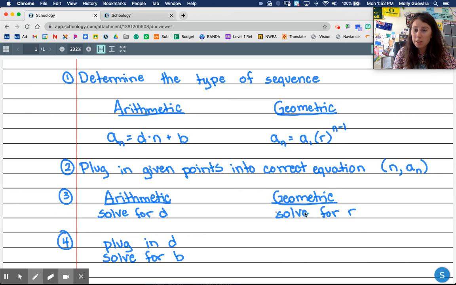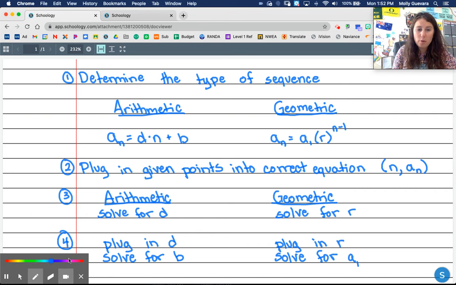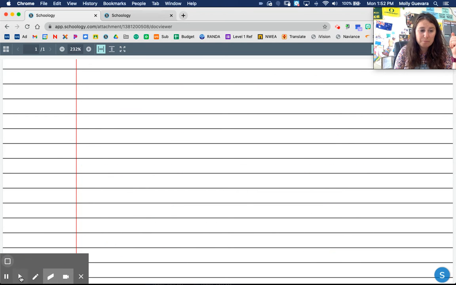If it's geometric, you've solved for r, so you're going to plug in r, and then you'll solve, and you're going to end up getting your a sub 1, your first term of the sequence. Okay, so then at that point, if it's arithmetic, you have d and b. If it's geometric, you have r and a sub 1.